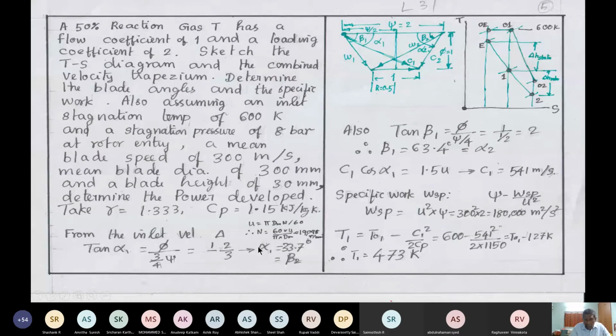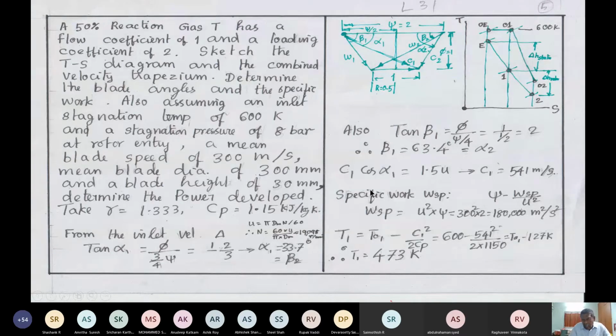So now from the velocity triangle, you can calculate alpha 1, which is also equal to beta 2. Then you can calculate beta 1, and that should be equal to alpha 2.